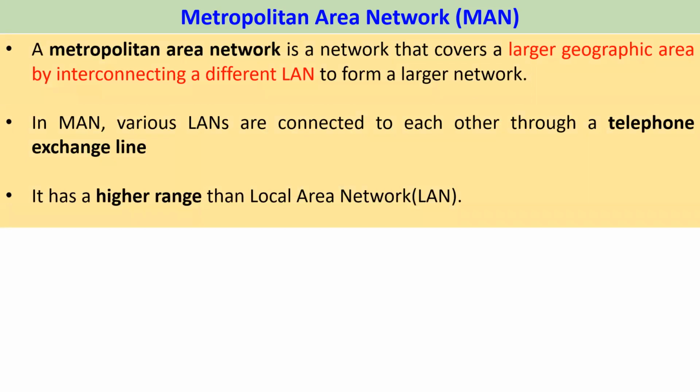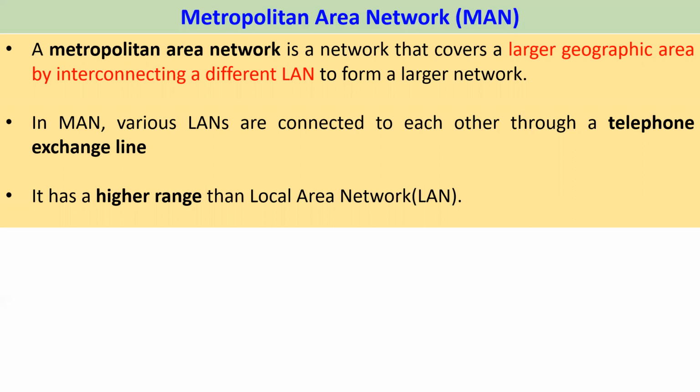Right, here giving some explanation. It covers a large geographical area, right? Normally, it connects a LAN, local area network, with another LAN. By connecting 2 or more LANs, it establishes a metropolitan area network. Then various LANs are connected to each other.